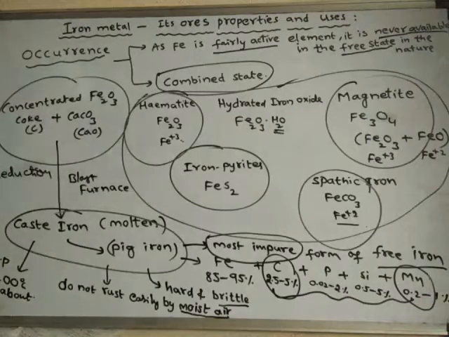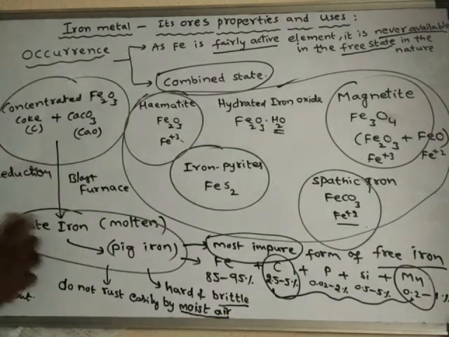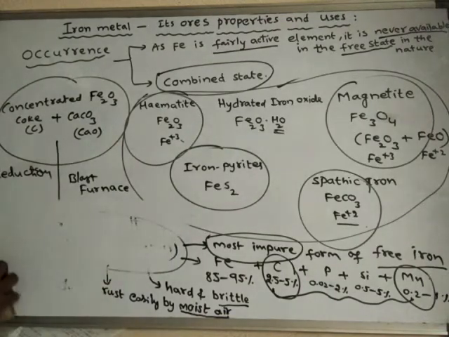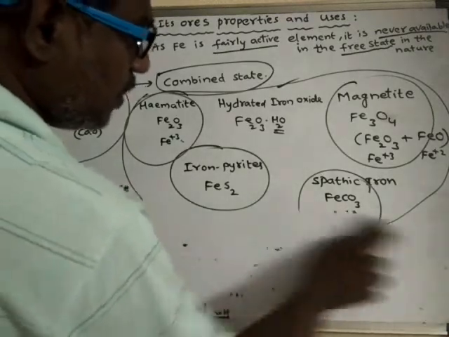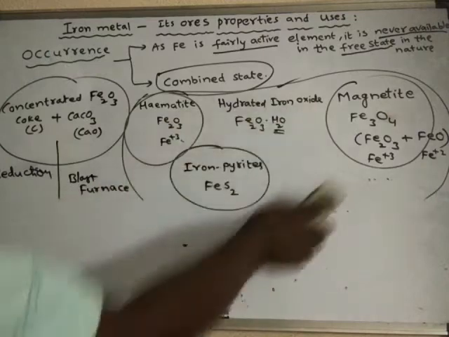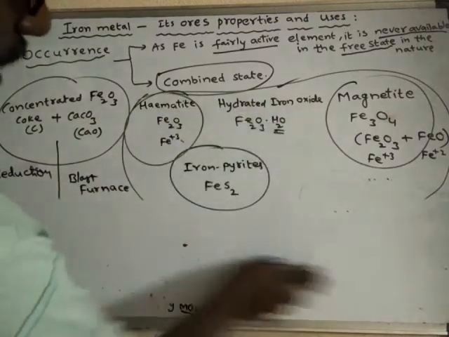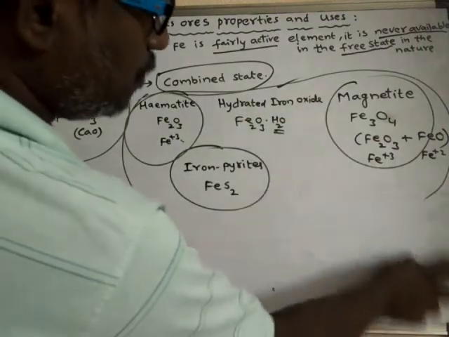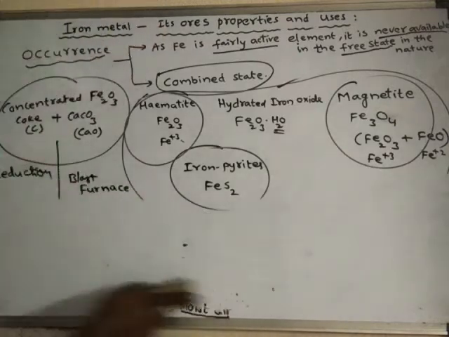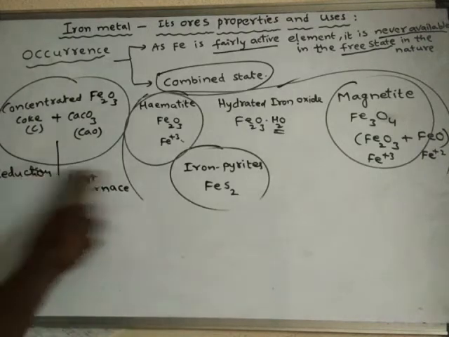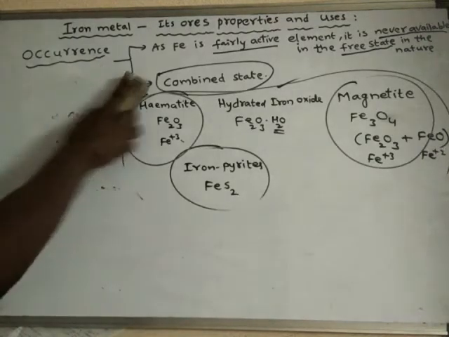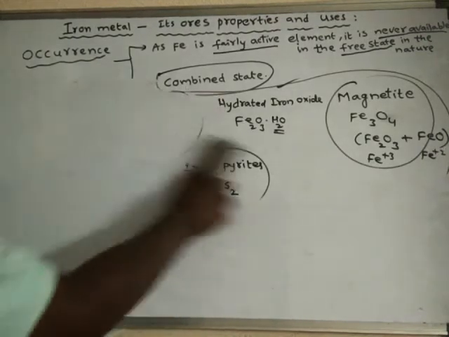The most important thing is the uses of cast iron. From the ore we get impure iron metal. That impure iron metal is called cast iron or pig iron. Now we are going to learn the uses of cast iron.